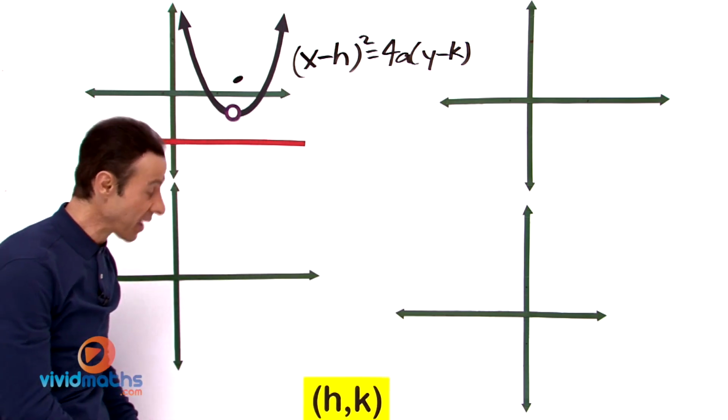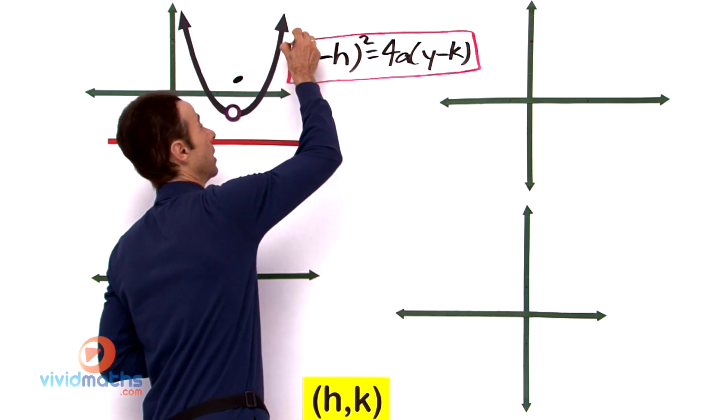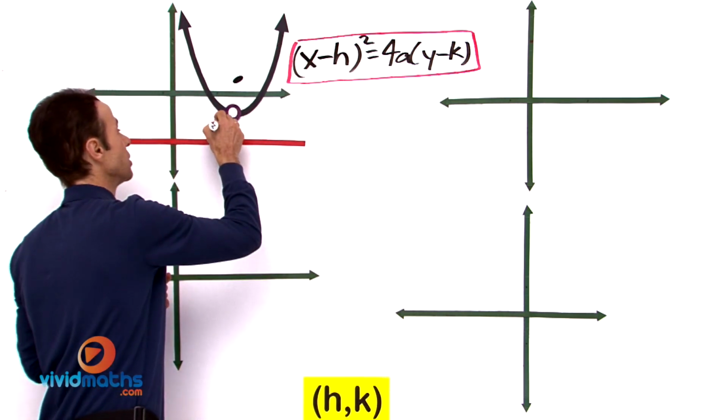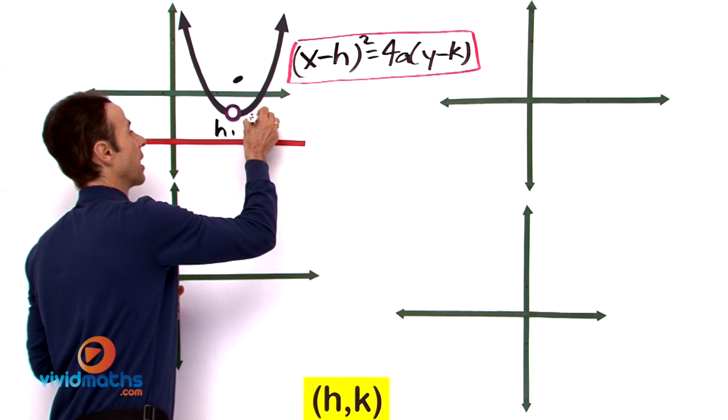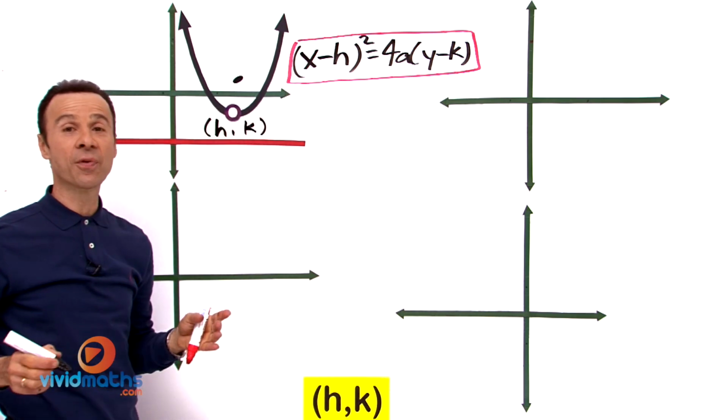Let me just box that up. And right here we have h and k coordinates for the new vertex that's been shifted. Okay, let's go for the other type.